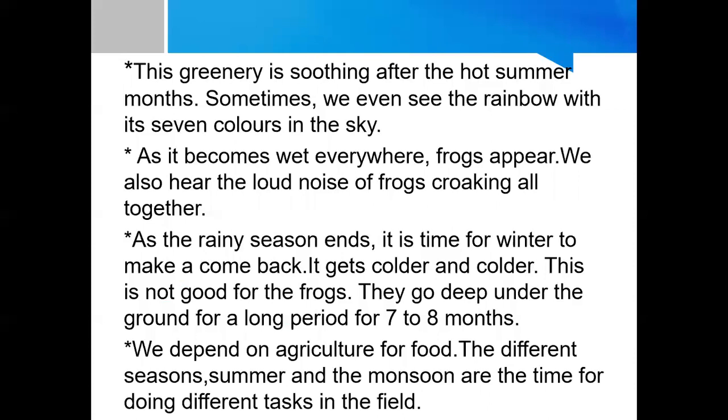Sometimes we even see the rainbow, and you know the rainbow has 7 colors. The rainbow with its 7 colors in the sky. As it becomes wet everywhere, frogs appear, and we hear the loud noise of the frogs croaking all together.